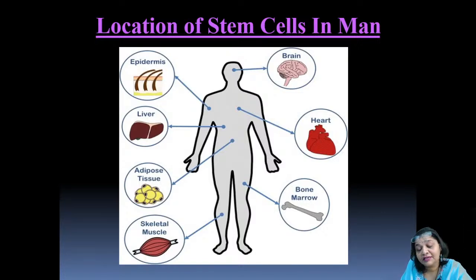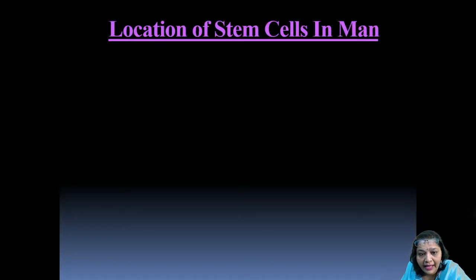The heart, the inner walls of the heart, of course, contain these stem cells. The bone marrow, the red bone marrow, which actually produces the blood cells. So even the blood cells are stem cells, but only when they are located in the bone marrow. All these are the stem cells in man.